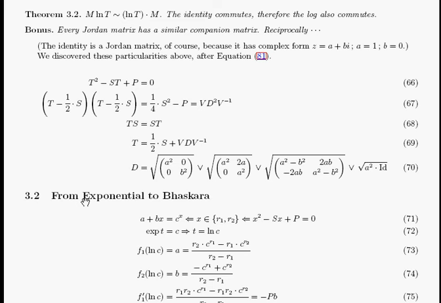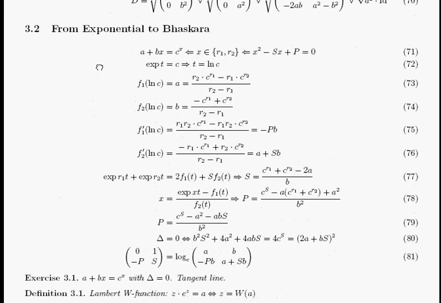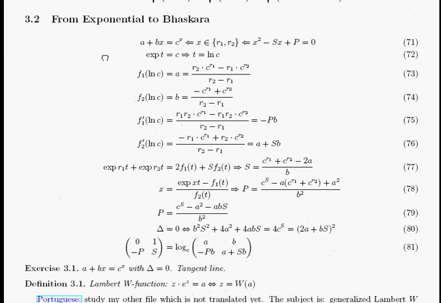Now we're going from exponential to Bhaskara. We have the equation A plus Bx equals C powered to x, and we want x2 minus S x plus P equals 0.